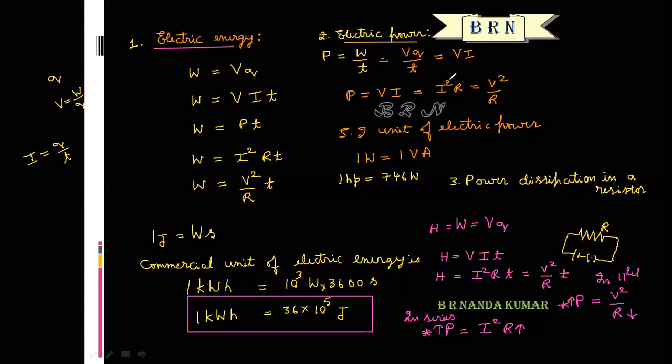Electric power is the rate at which work is done by a source of EMF in maintaining an electric current through a circuit. Power dissipation in a resistor means electrical energy spent per second in a resistor. These three definitions and mathematical expressions are very, very important.